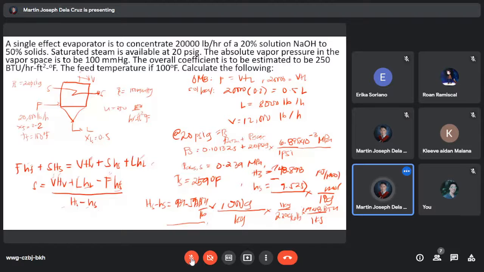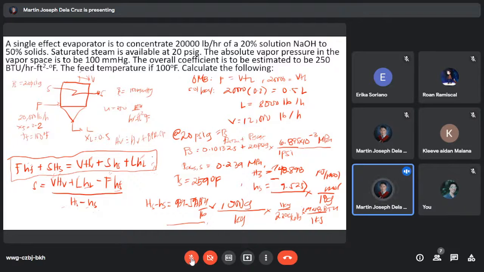And then your HV class, kukunin natin dun sa HV plus BPR times your CP. And then your HS and then your saturated vapor and saturated liquid, wala namang problem kasi kinukuha natin lagi. So, kung alam nyo lang yung general formula natin, ikutin mo yung problem, makukuha mo yung solution.